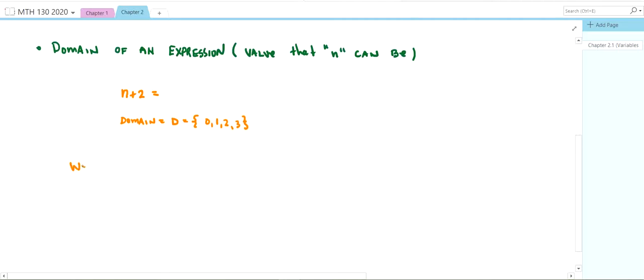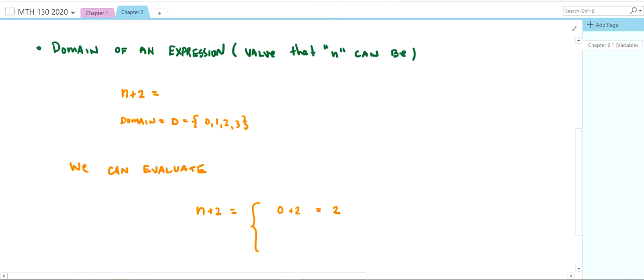So we can evaluate n plus 2 equals. When n is 0, we get 0 plus 2.